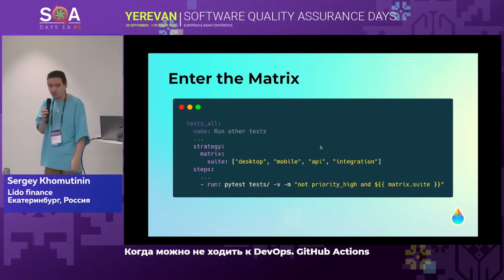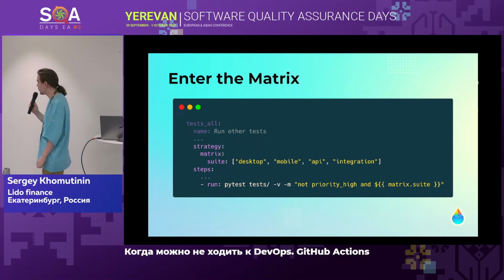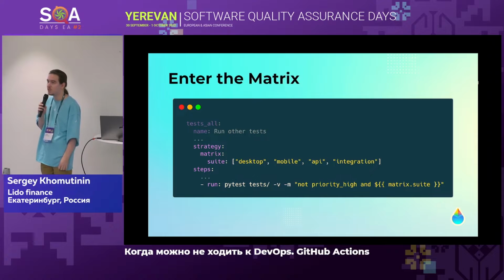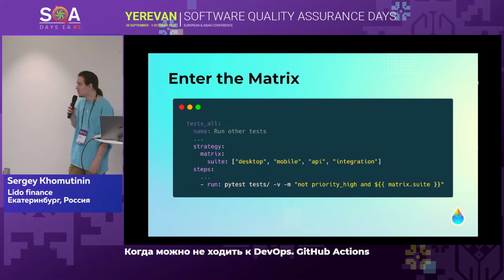We can also run our tests in parallel. In the case of GitHub, all these containers provided by it with different operating systems are not super productive.